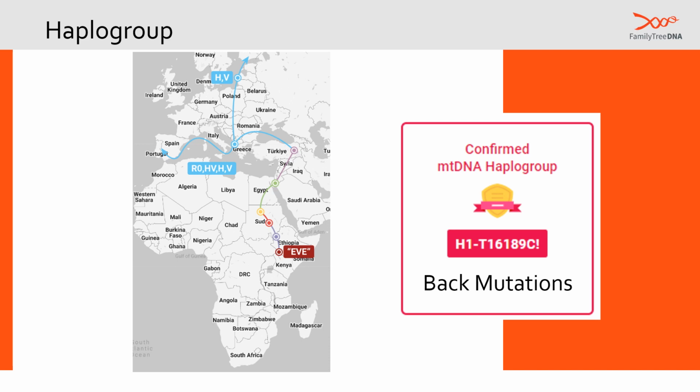Instead of the mutation we normally find, it has the ancestral value found in the reference sequence. So this means that somewhere along the line, a group of people in this subgroup had a marker that mutated back to the original value. And this is represented by an exclamation point at the end of the haplogroup.